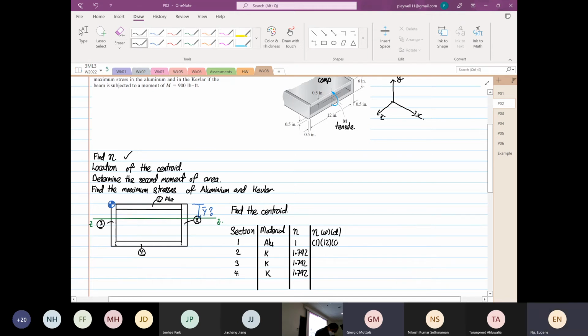The depth is 0.5. So this is equal to 6. 2 and 3 are the same. N is 1.792. The width is 0.5. The depth is 6. Okay, so this will be equal to 1.792 times 0.5 times 6 is 5.376.